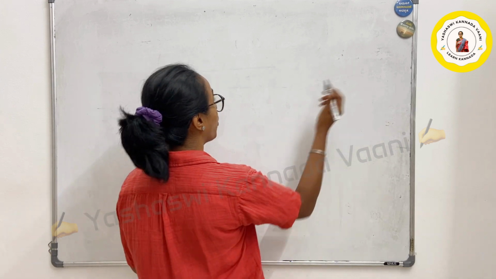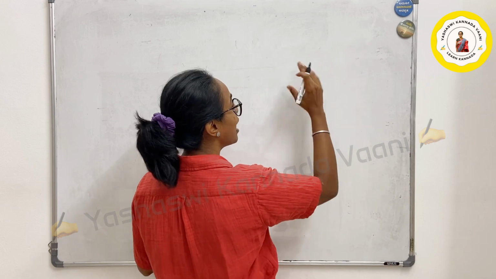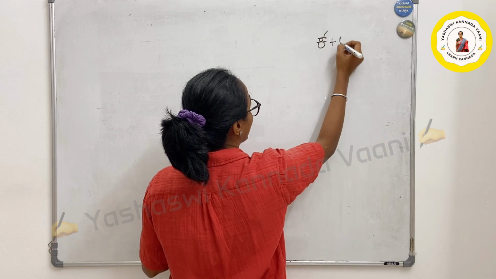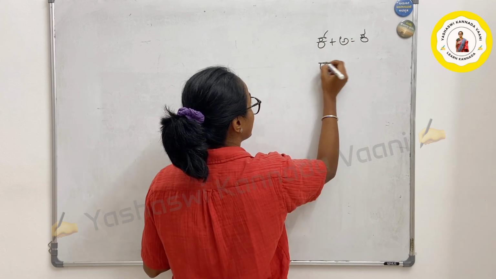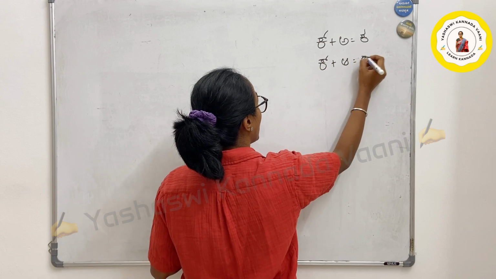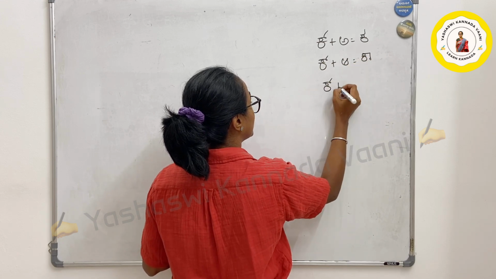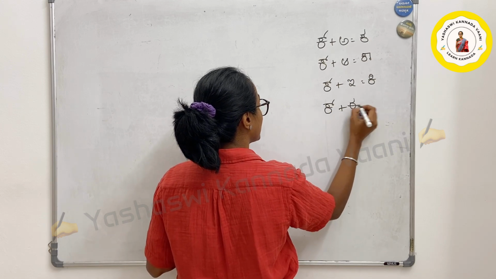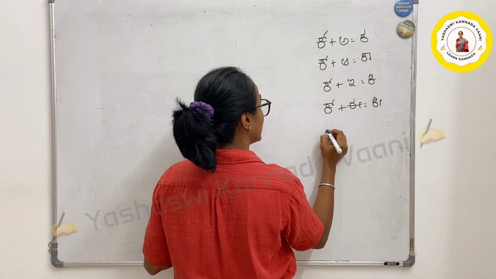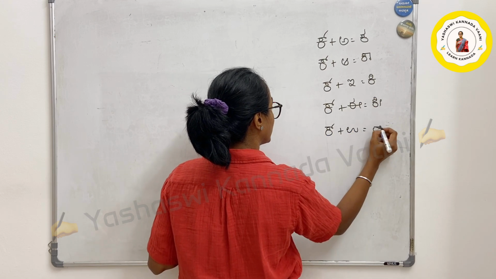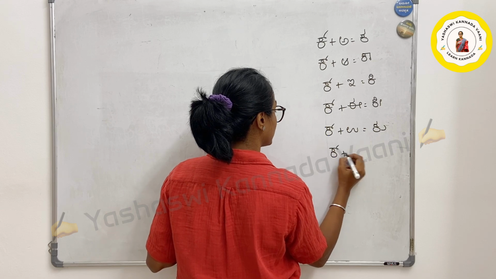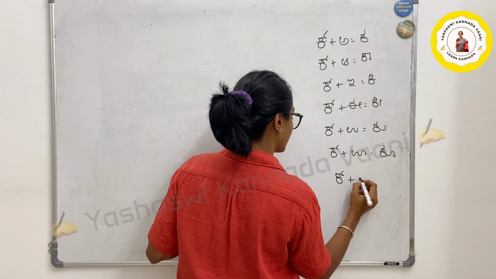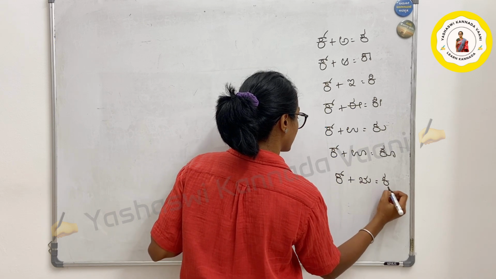I already told you, hope you remember, we are combining the half letters with the vowels. Right? So if my K is a half letter, I'll combine it with the vowel and I'll get a K. Similarly, K plus A, Ka, K plus I, Ki, K plus U, Ku, K plus R, Kru.